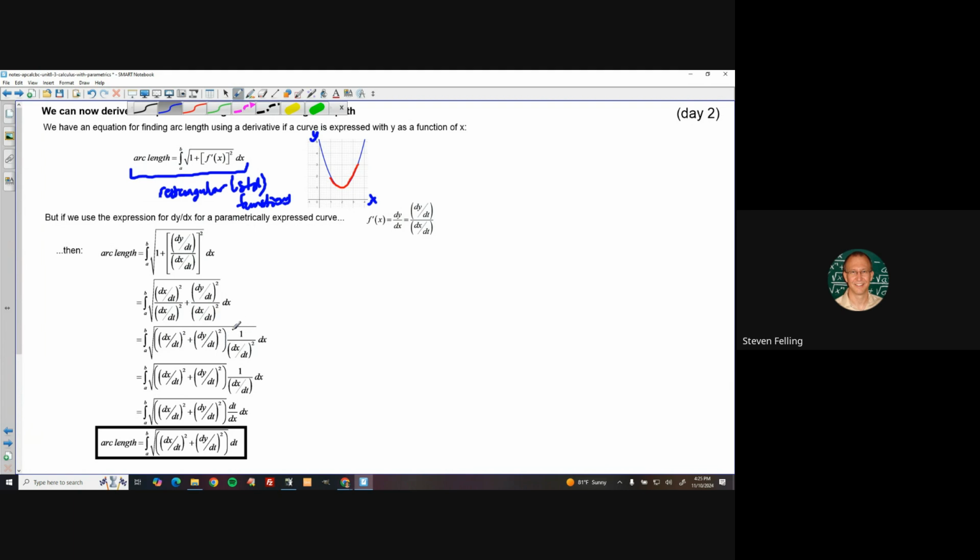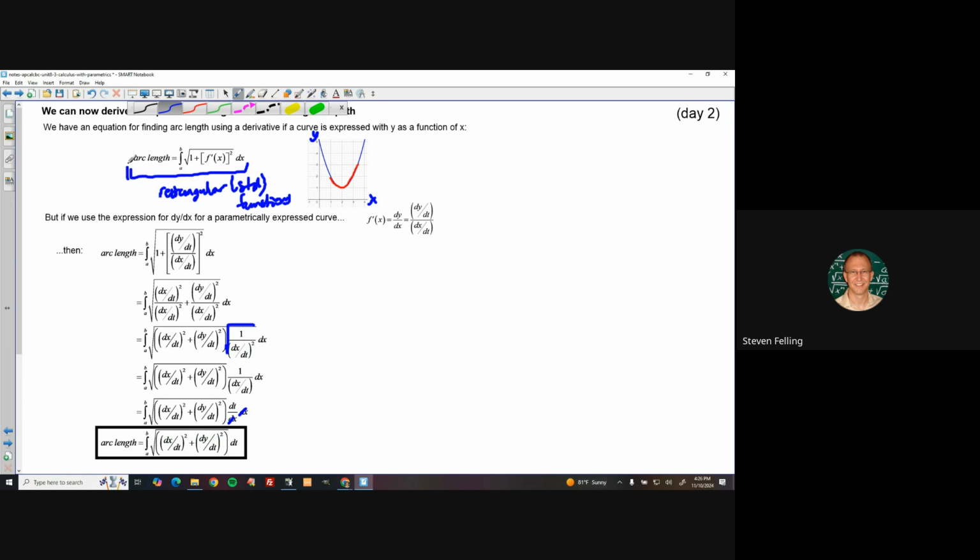Then we can separate this into its own square root so that we can undo this square and write this as 1 over dx/dt. But 1 over dx/dt is dt over dx, which means the dx's can cancel out and just form a dt. And that gives me a new integrand, but we've changed the variable of integration to dt. It's simply that the arc length is the integral of the square root of (dx/dt) squared plus (dy/dt) squared, integrated over dt.